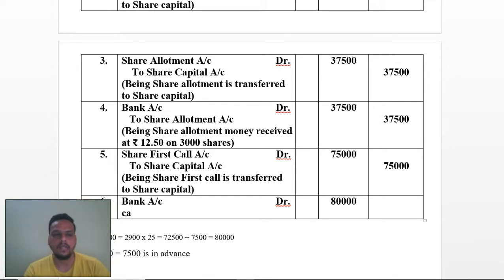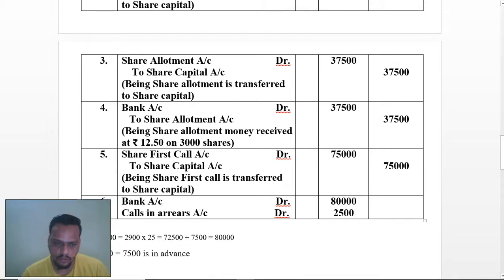So I'll write here calls in arrears account debit. Amount will be 2,500, that is 100 shares into 25.